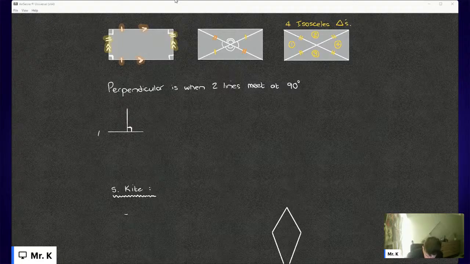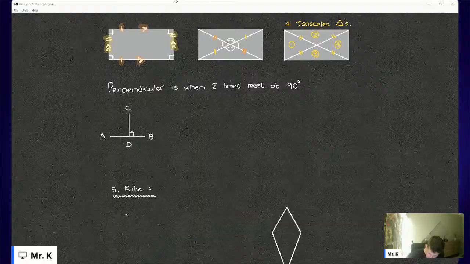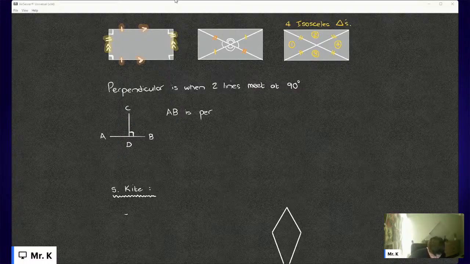So let's say we have line AB and line CD, right? Just an example. In this case, we can say line AB is perpendicular to line CD, right?